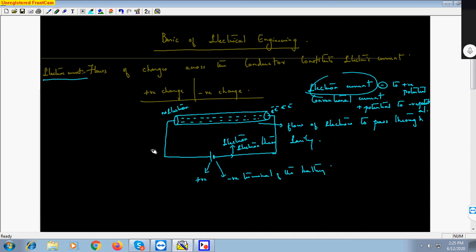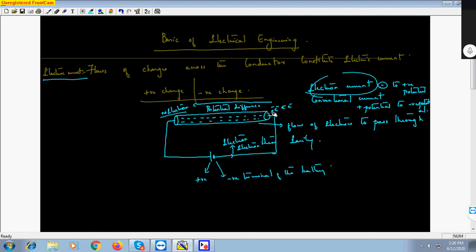So there is a potential difference, PD. Once potential difference is created, the charges on the end which has more electrons will flow from more electrons to no electrons. That flow will happen.